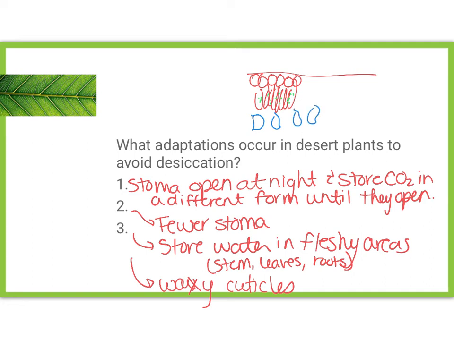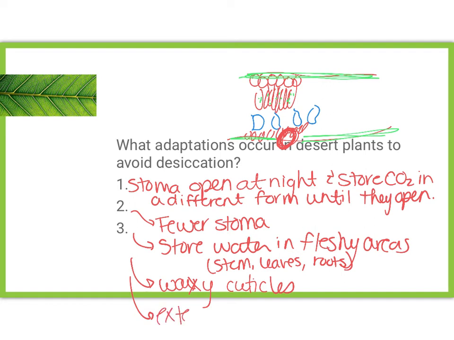And then the bottom layer, again, of epidermal cells and a cuticle. This is also where the stoma are. So they have a more waxy or a thicker cuticle to prevent water loss around the stomas. And the last thing is that they have a really big root system typically.